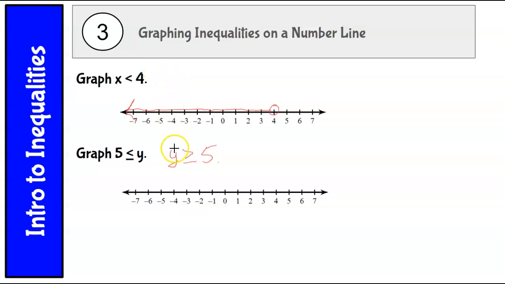This time it says y is greater than or equal to 5, so we're going to put a closed dot on 5 so we know 5 is included, and then it's greater than, so it's going to go to the right, same way that this is pointing now. And that's how you graph inequalities on a number line.